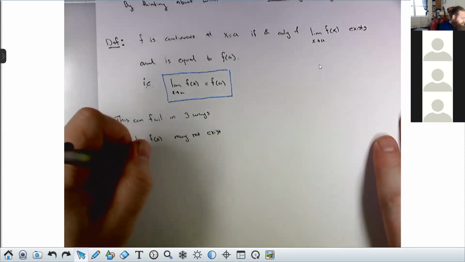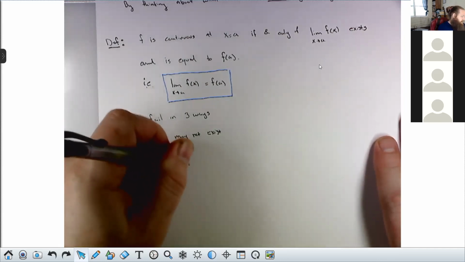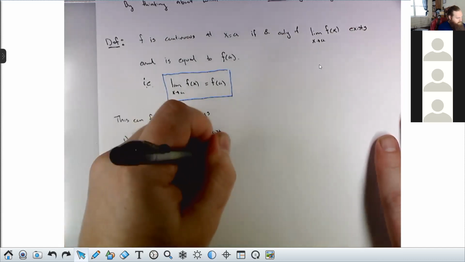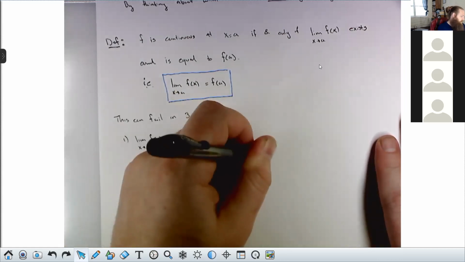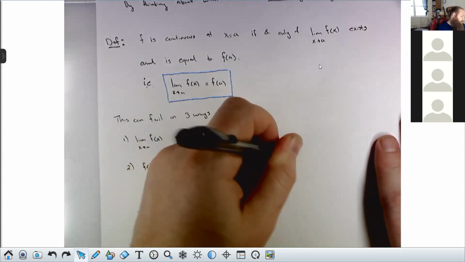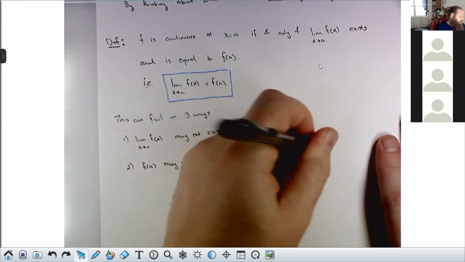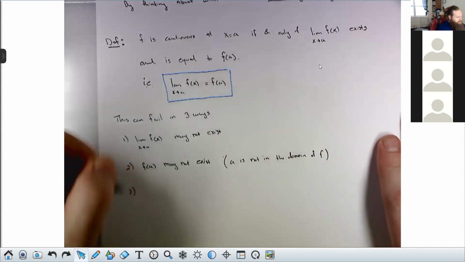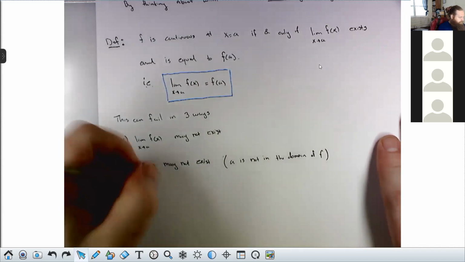Second, f of a itself may not exist. This would mean a is not in the domain of f. And then thirdly, it's possible that both of those objects exist, but they're not equal to each other.